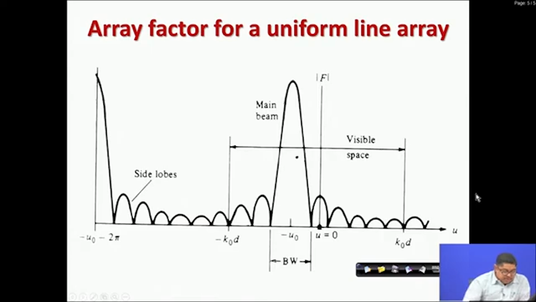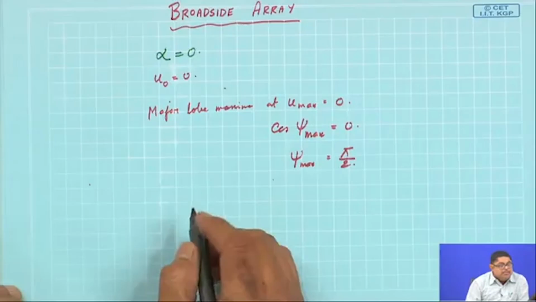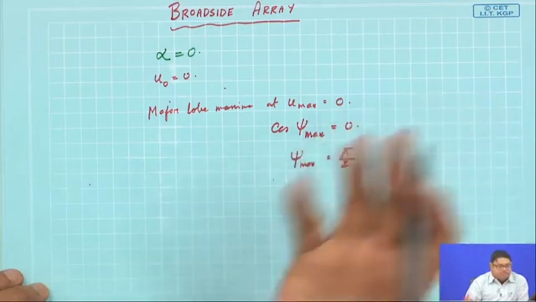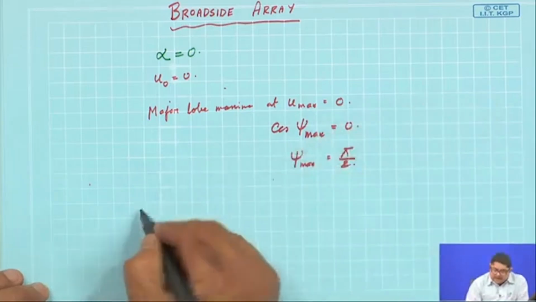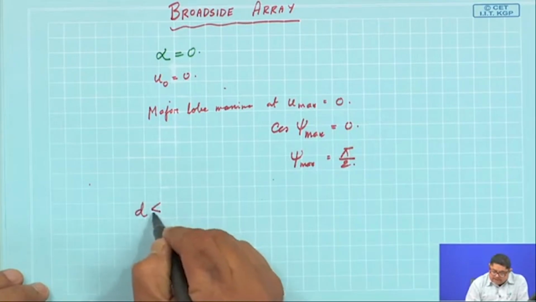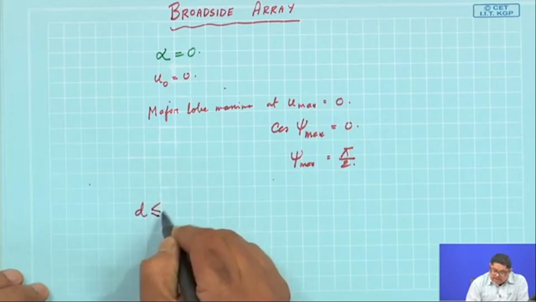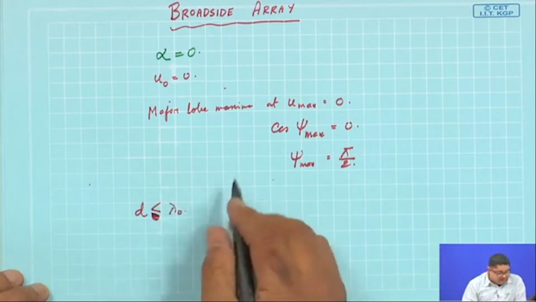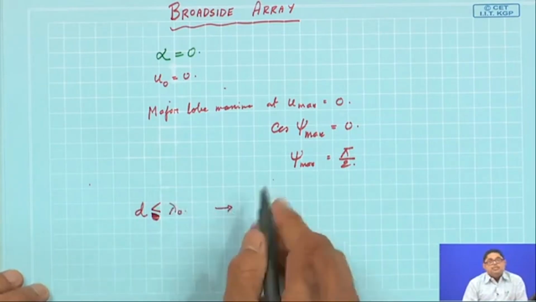So, if we keep d equal to lambda naught, actually slightly less than lambda naught, I should not say equal, d is less than lambda naught, the grating lobe gets avoided.